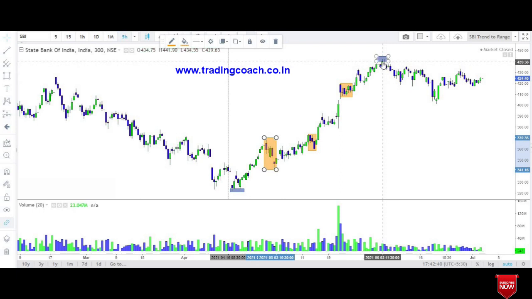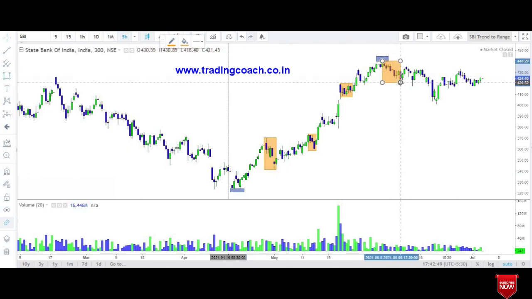But right after the stock prices touched 430, we also had another pullback here. You can clearly notice the pullback. But right after that pullback, you can notice the prices didn't make another upswing, right? The prices didn't go up.